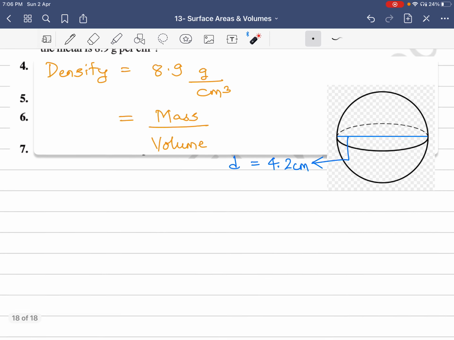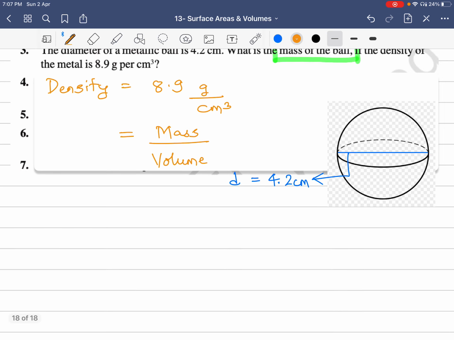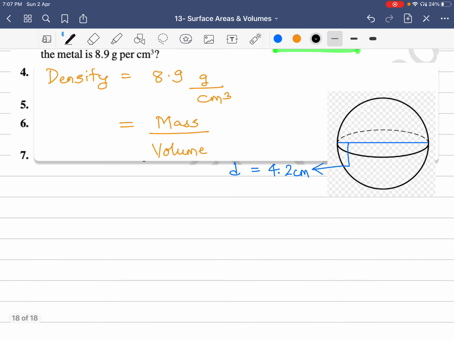So let's first calculate the volume, step number 1. Volume of the sphere is equal to 4 by 3 pi r cube.